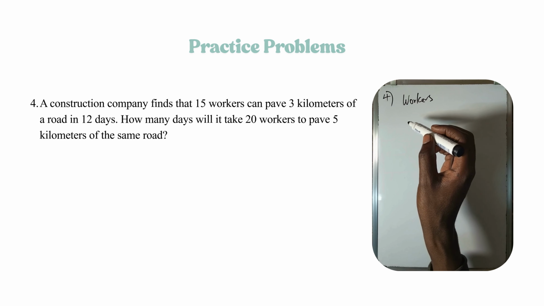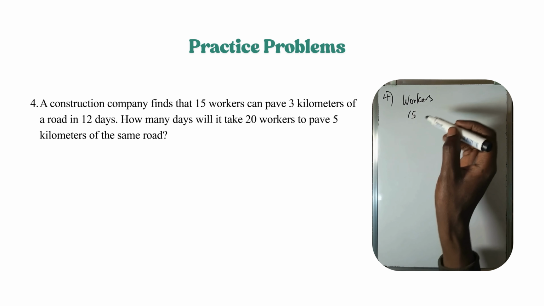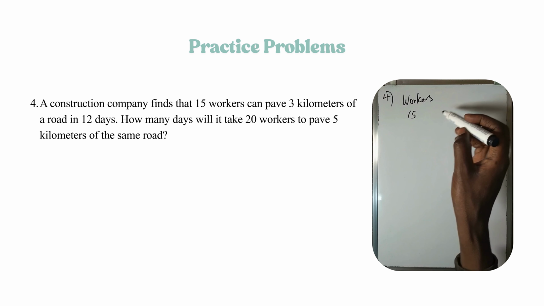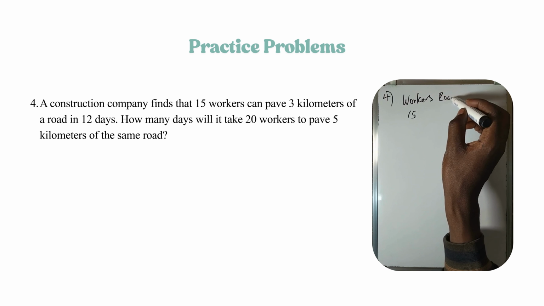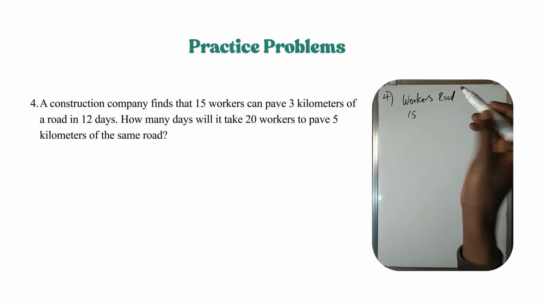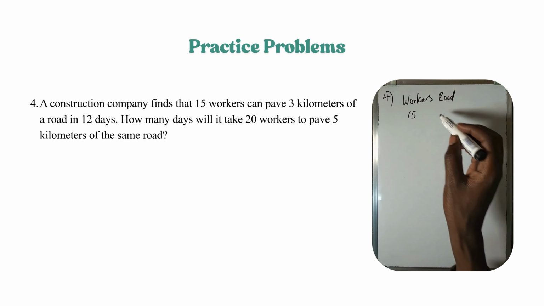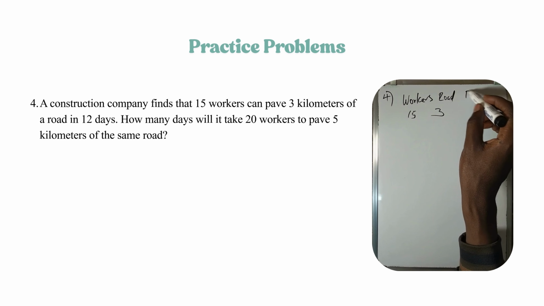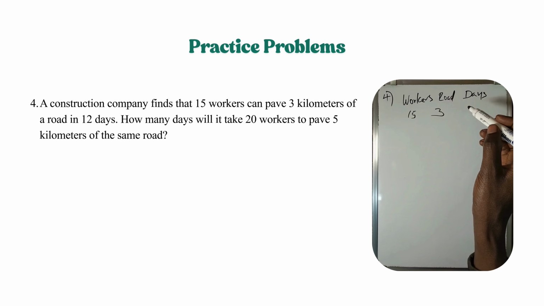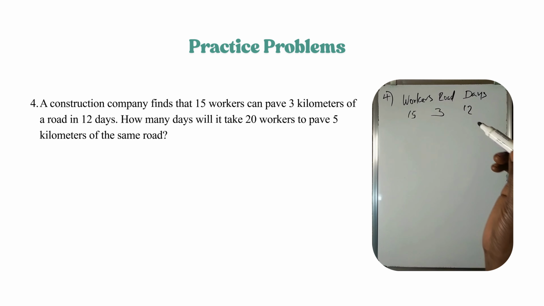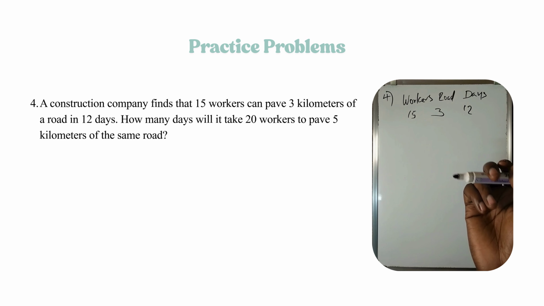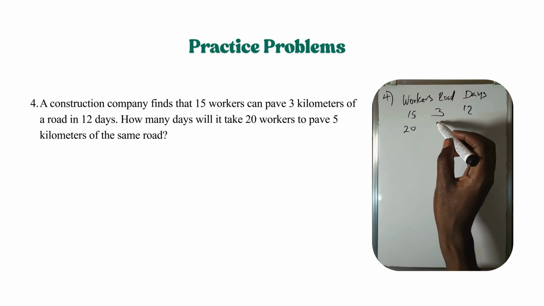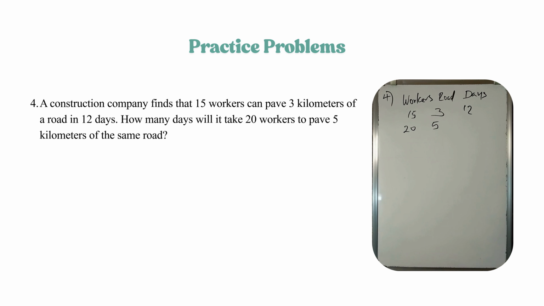We have 15 workers, and they can pave 3 kilometers of road. The time is 12 days. Now, how many days will it take 20 workers to pave 5 kilometers of road?